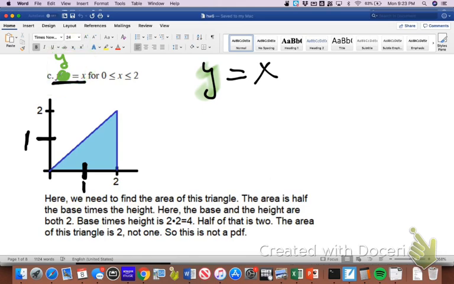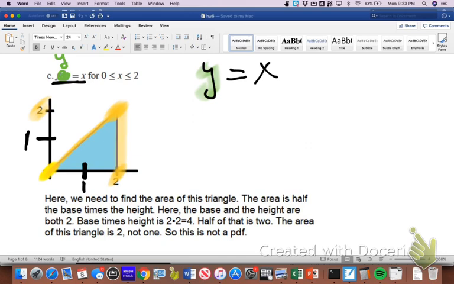So if x is 0, then y also has to be 0, so that's why it starts there. If x is 2, y also has to be 2, so that's why we got a little spot there. So it kind of goes like that. So that's where the triangle comes from.